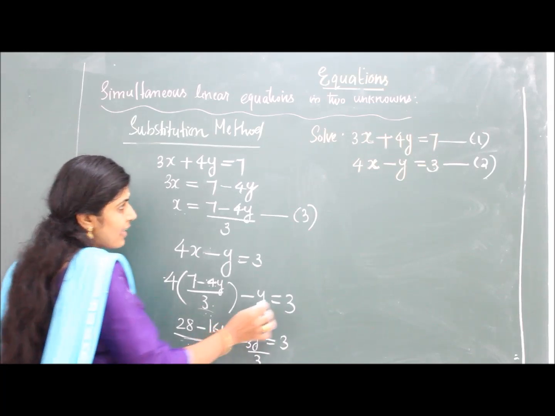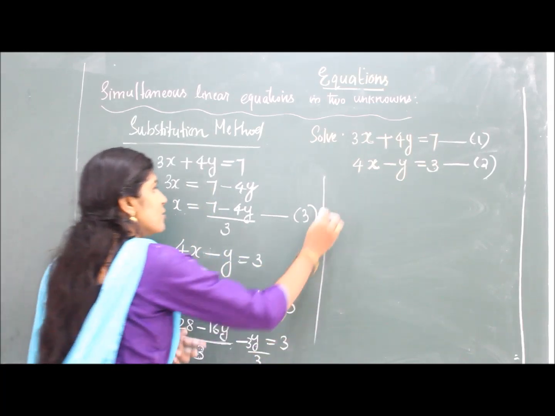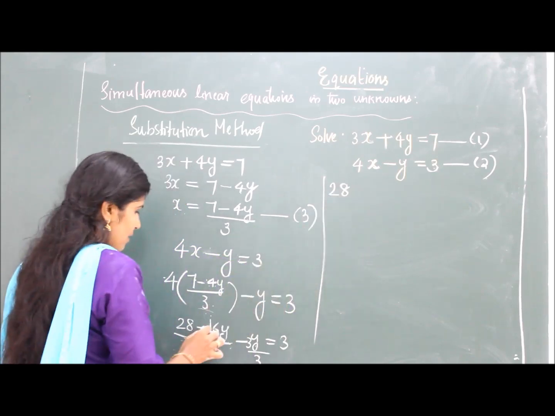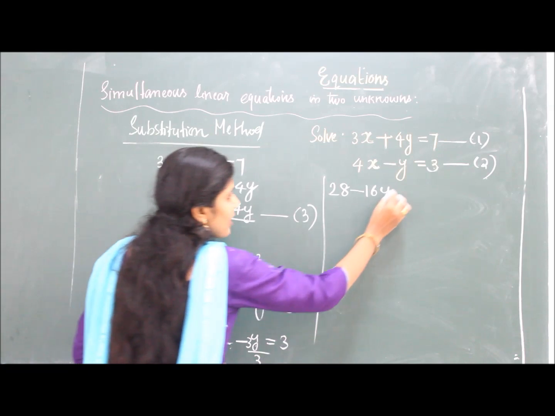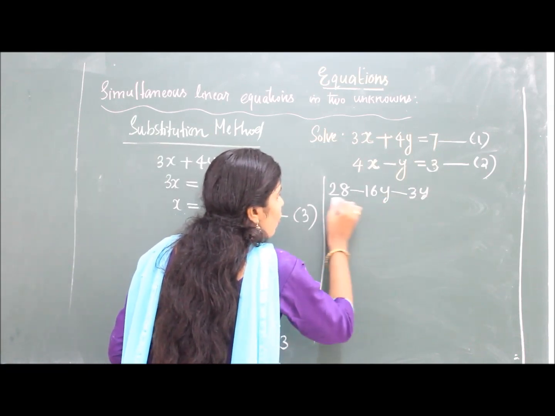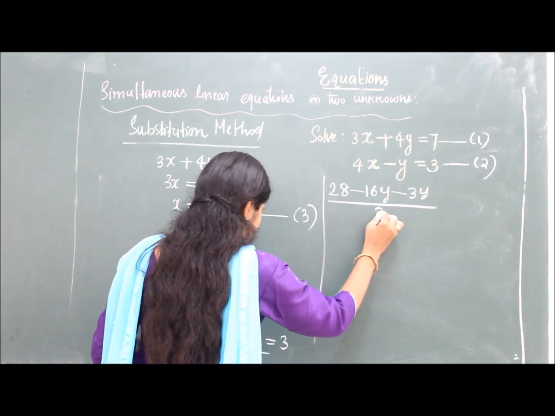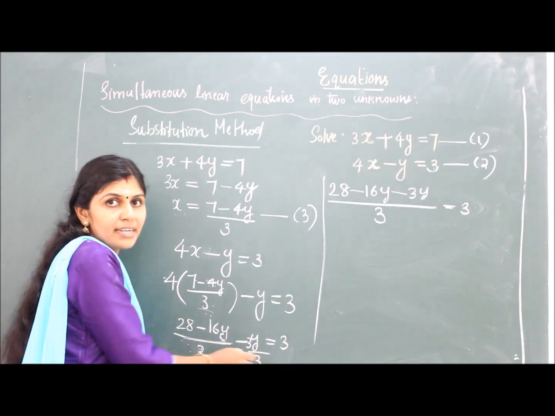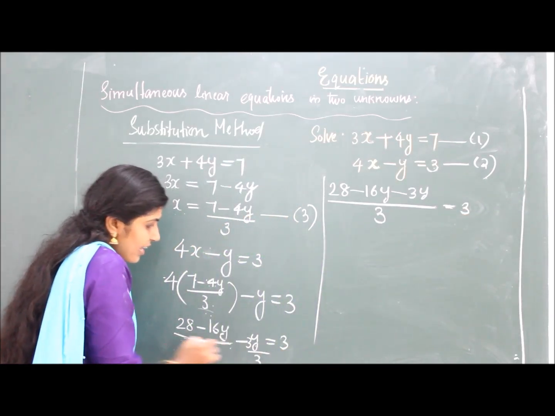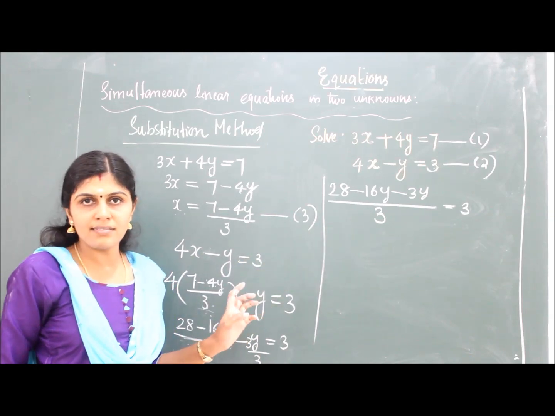Now I can write this as 28 minus 16y minus 3y, whole divided by 3, equal to 3. Here both the denominators are the same, so I can write it in a common format like this.